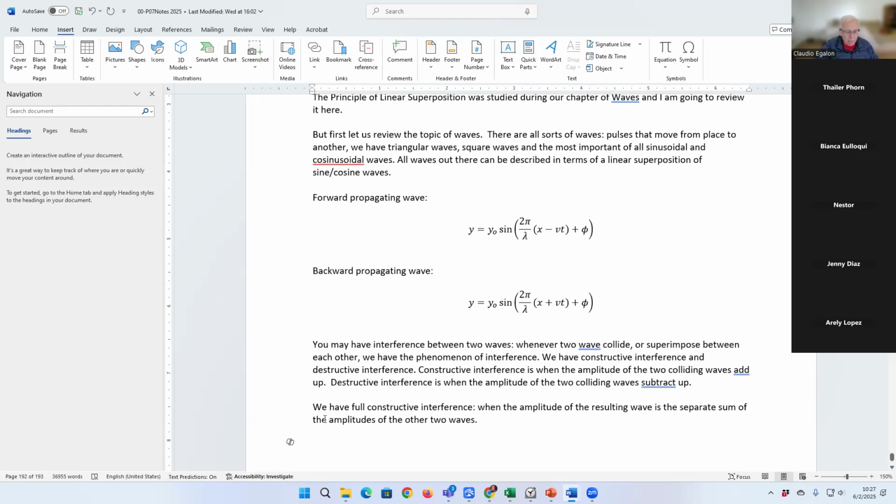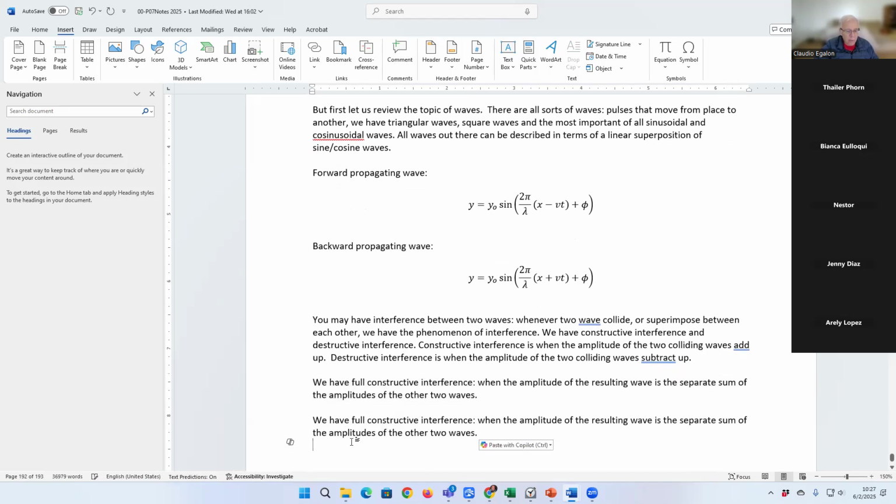And then we have full destructive interference, whenever the amplitude of the resulting wave is 0. Okay?